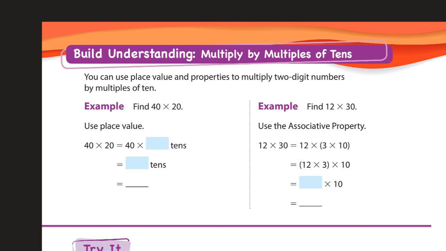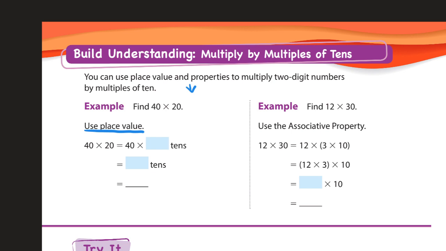So here we see 2 different ways that we can solve for a multiplication problem with 2 digits or more, or with 2 digits for this example. And looking at the first example over here, we have 40 times 20, and we can use our knowledge of place value to help us solve.